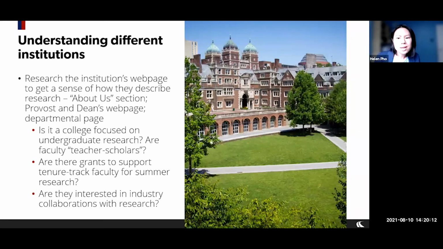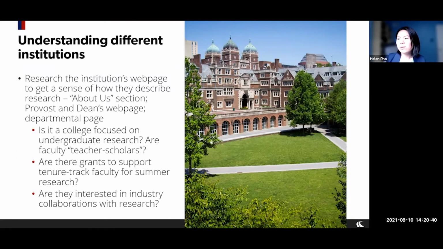Beyond those things, I would say it's also important to do some research into the institutions themselves. A very basic thing to do is to go to the institution's webpage to get a sense of how they talk about research, and a lot of the time, how they talk about research in relationship to teaching. Usually the About Us section of any university page or college page will give you some information.